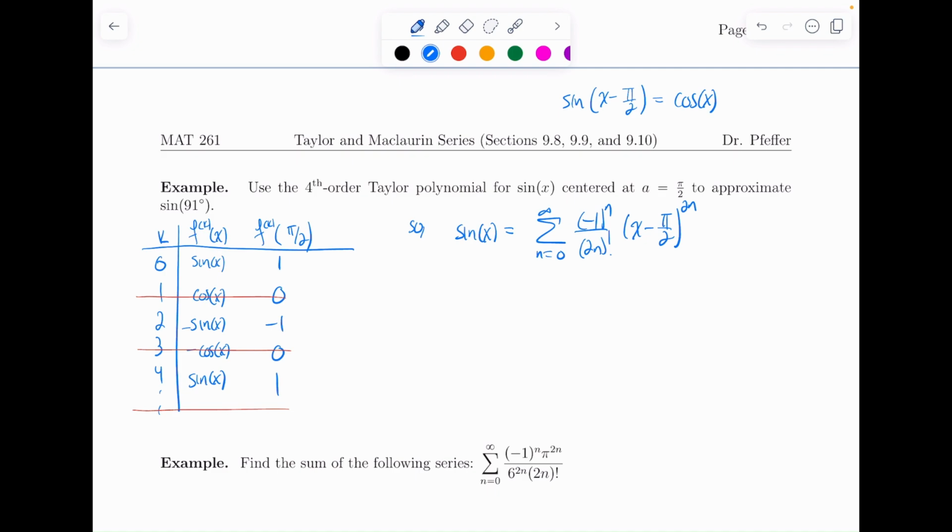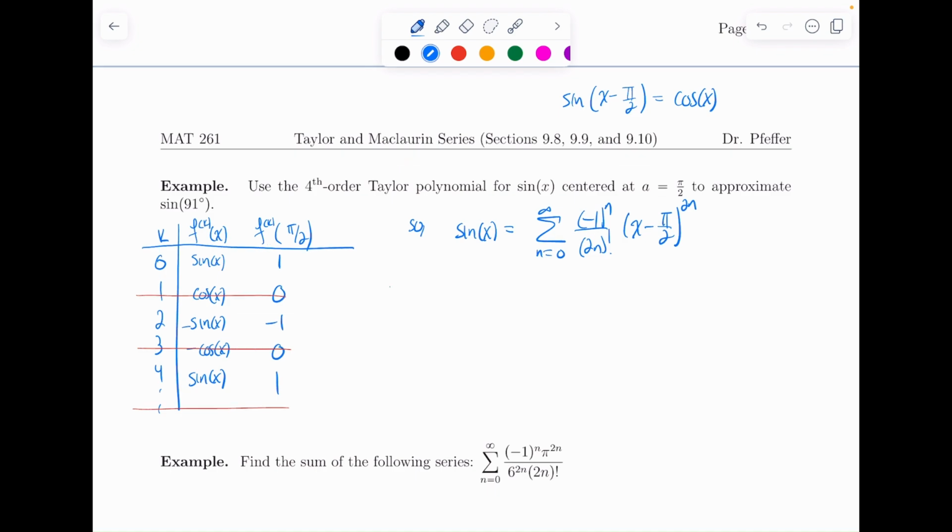Okay, if this is our Taylor polynomial centered at 90 degrees, and I want the fourth order Taylor polynomial, which I think we called P4, this is everything up to the fourth degree. So if I plug in n equals 0, I'll get 1, because everything else dies.